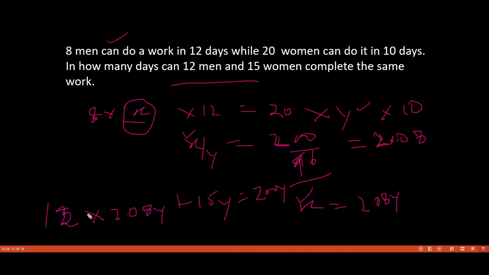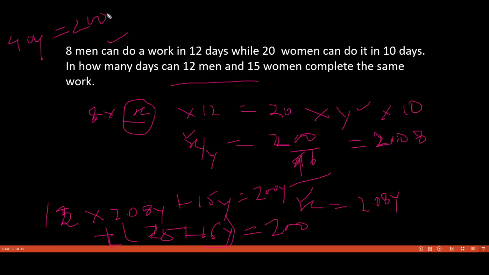We can equate that, because that is the complete amount of work that is required. So we get 40y is equal to 200y into time.